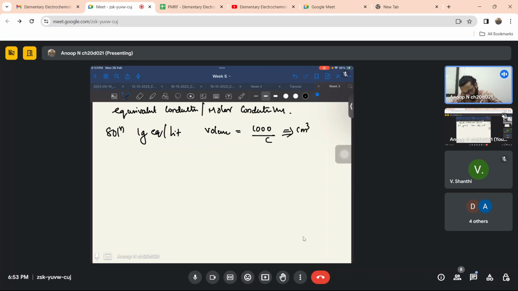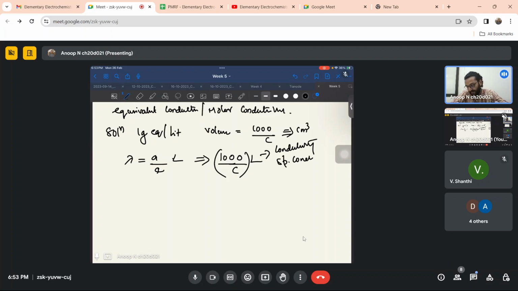We can write lambda is equal to A by L into L, which is nothing but 1000 divided by C into kappa, where kappa is the conductivity or specific conductance. So this is an equation we have to use: lambda is equal to 1000 by C into kappa. This is a direct equation.